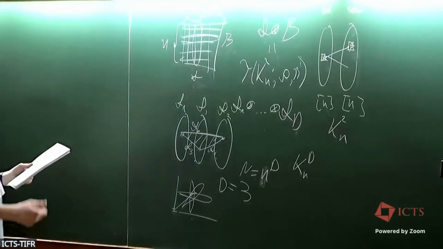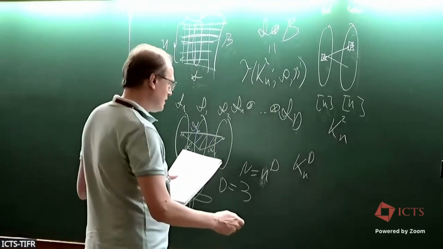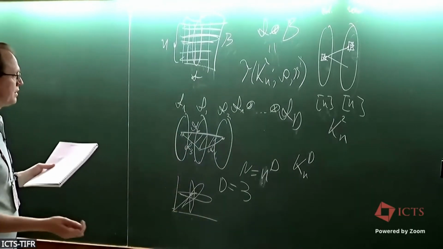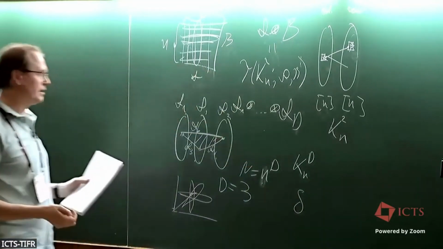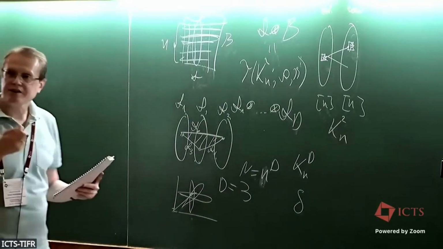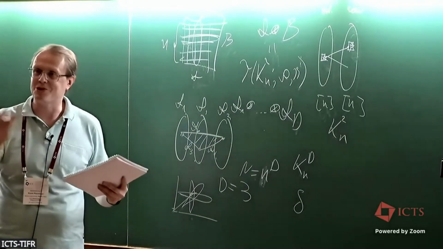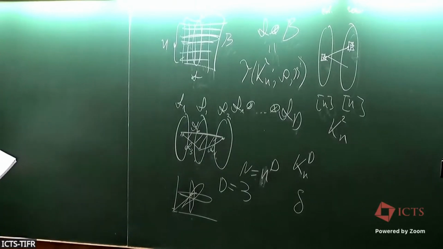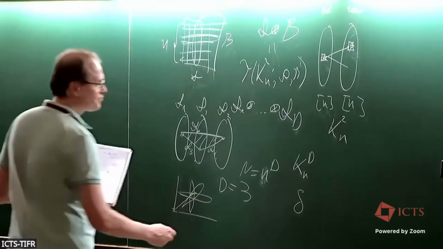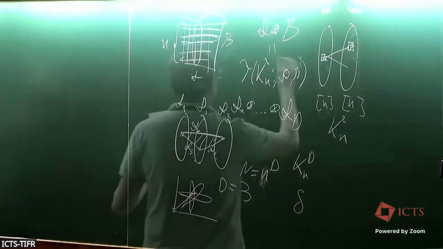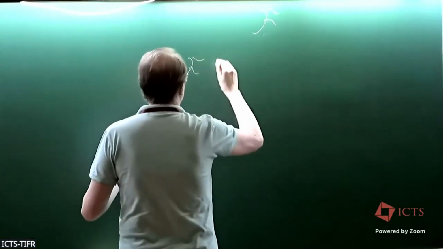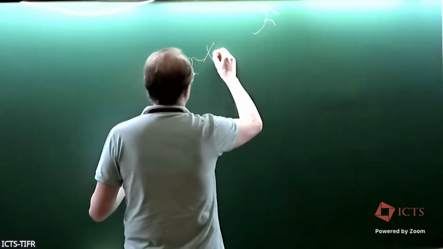Now, how do we define this coboundary map in a natural way? I'm just trying to answer this question. Let us denote the sheaf by F. This sheaf contains different layers.